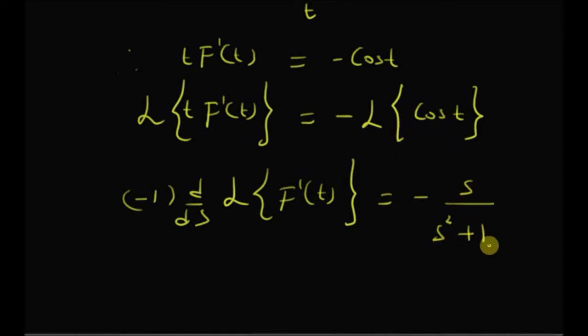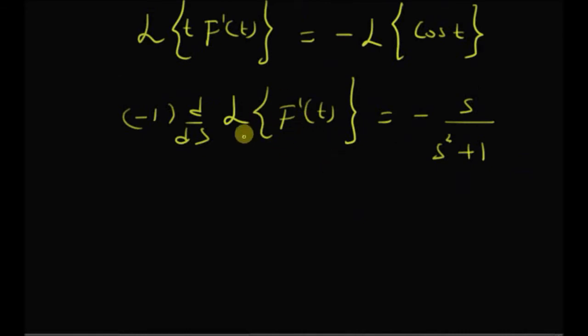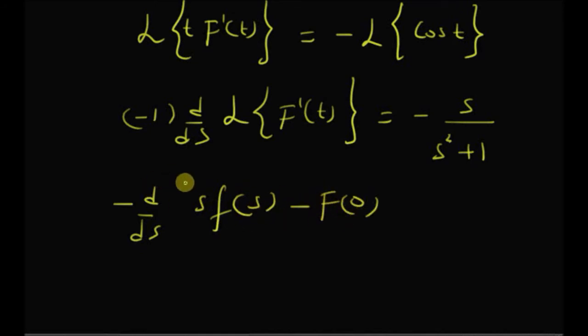And again, by using the property of the Laplace transform for the derivative, we have minus d by ds of s times F of s minus f of 0. Here F of s is the Laplace transform of f of t, and this should be equal to minus s by s square plus 1.